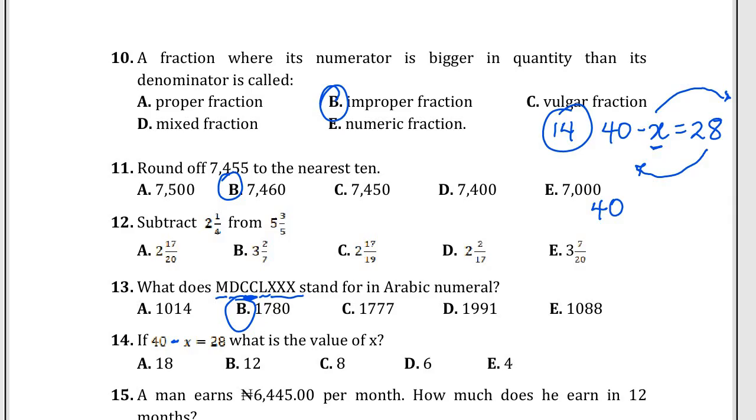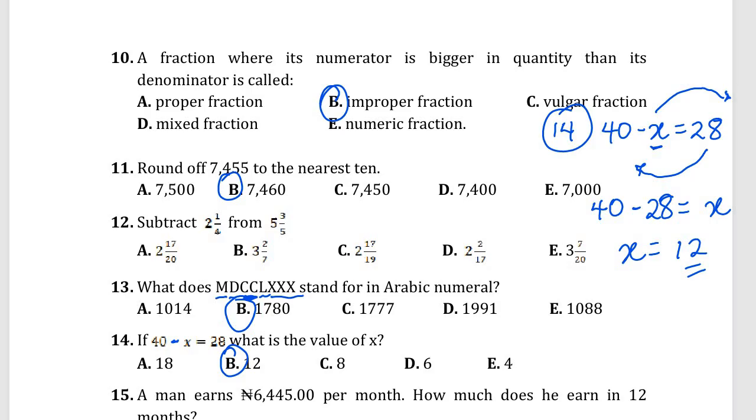As it crosses the equal to sign, it changes to minus 28. As minus X crosses to the right, the negative becomes positive X. So X, the value is 40 minus 28, which is 12. Okay, that's the right answer. B, 12. 40 minus 12 will give you 28.